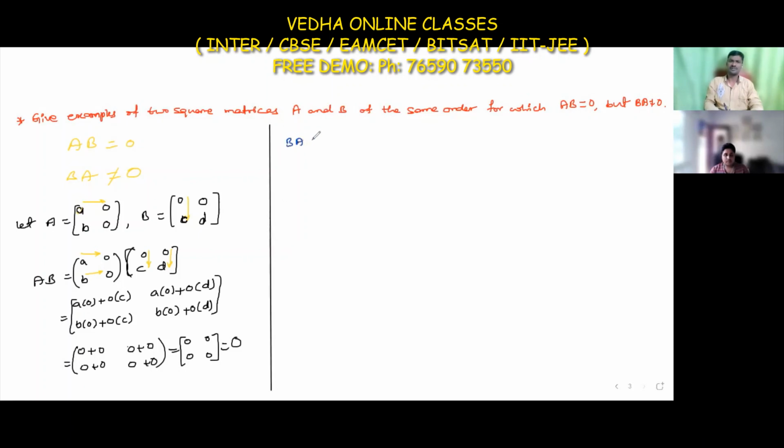To find BA, first write the B matrix, that is [0, 0; c, d], and second write the A matrix, that is [a, 0; b, 0]. Again, we multiply rows with columns, first matrix rows with second matrix columns.